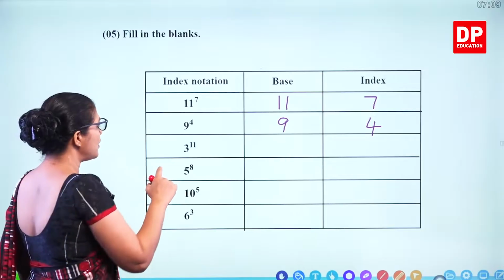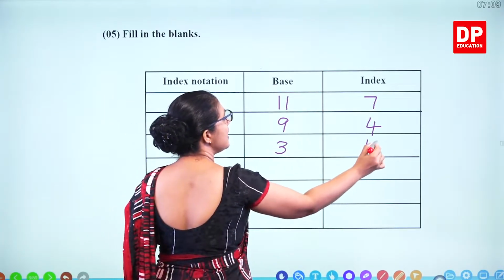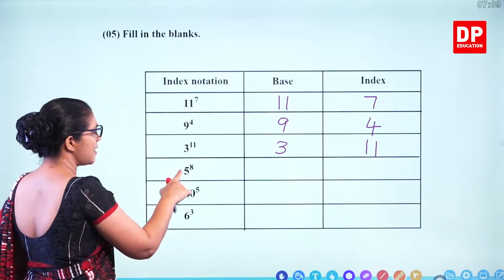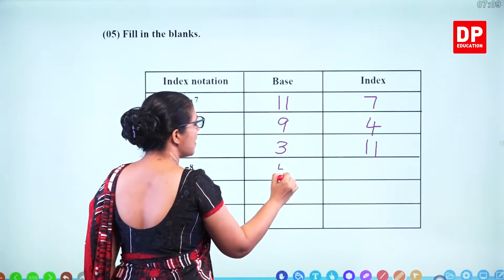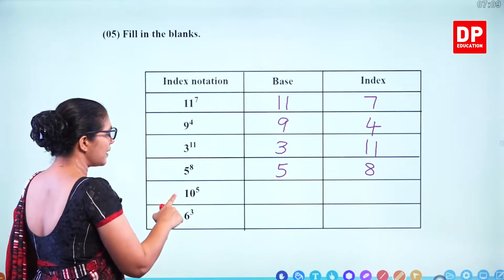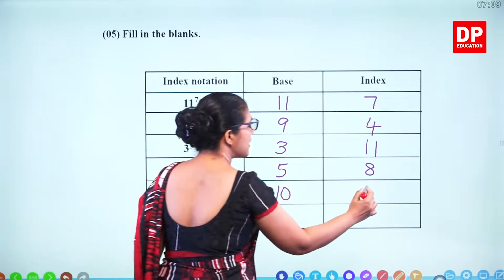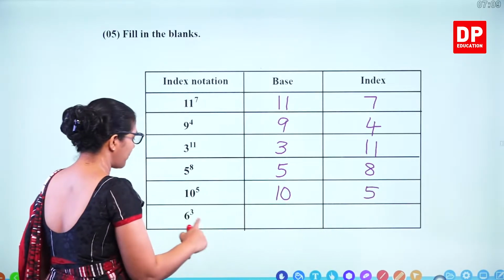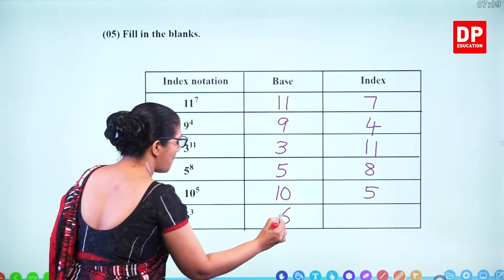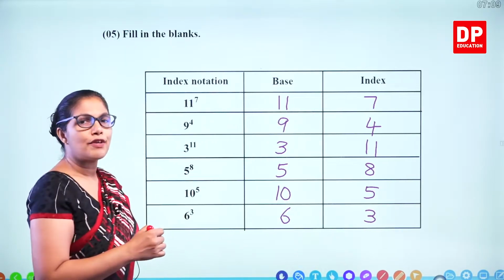Now try to do this. 3 to the power 11, 3 is the base and 11 is the index. 5 to the power of 8, 5 is the base and 8 is the index. 10 to the power 5, 10 is the base and 5 is the index. 6 to the power 3, base is 6, power or index is 3.